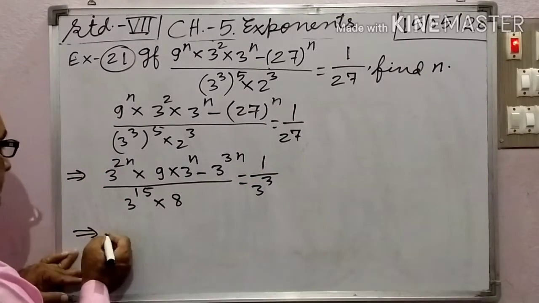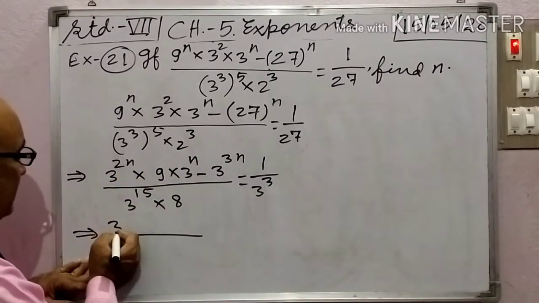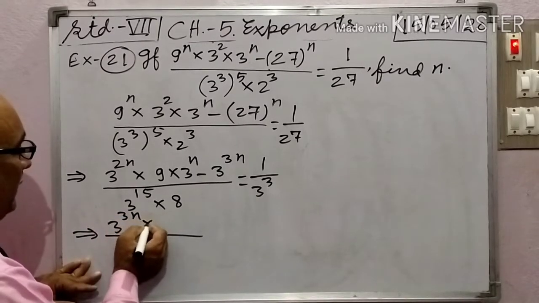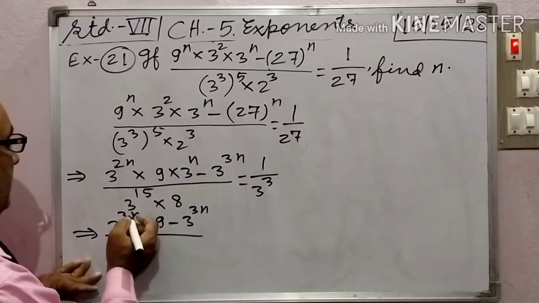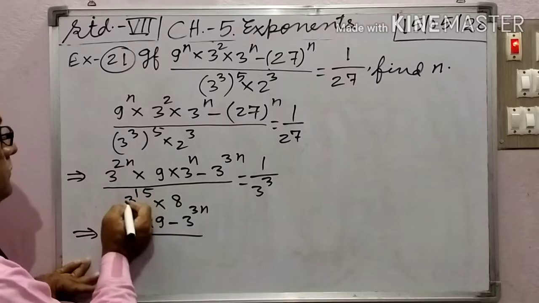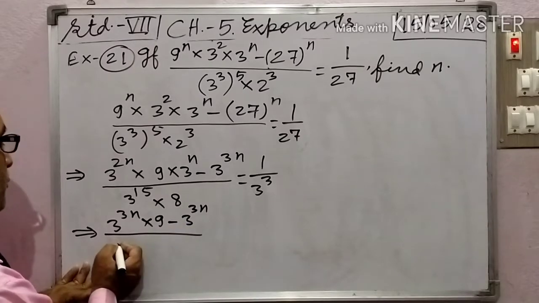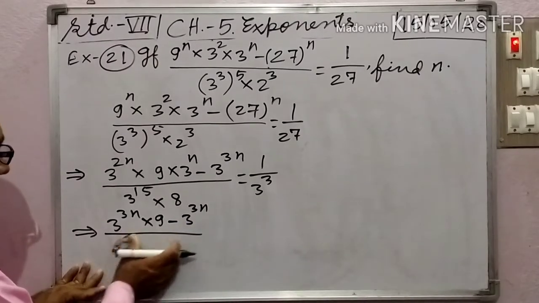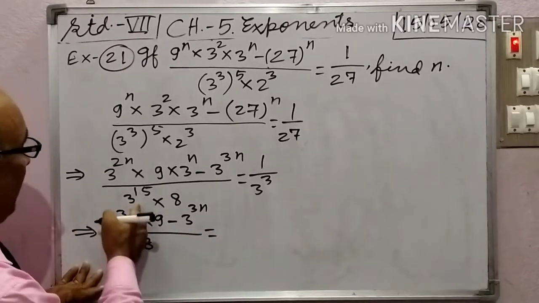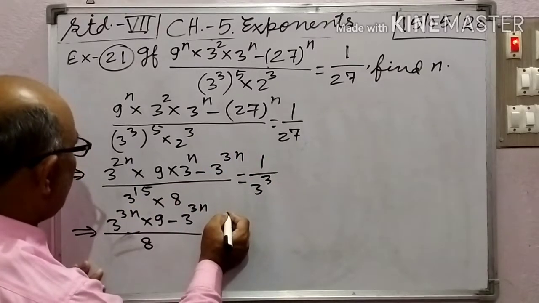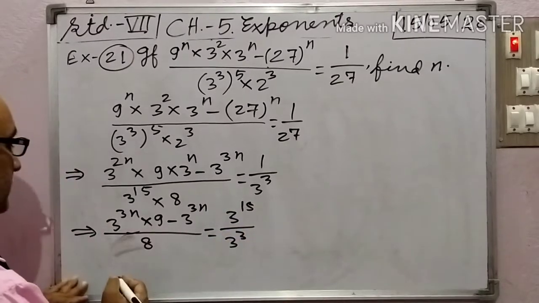Next step, 3 to the power 2n into 3 to the power n means 3 to the power 3n into 9 minus 3 to the power 3n. By transposition, 3 to the power 15 changes into multiply, so 3 to the power 15 by 3 to the power 3.